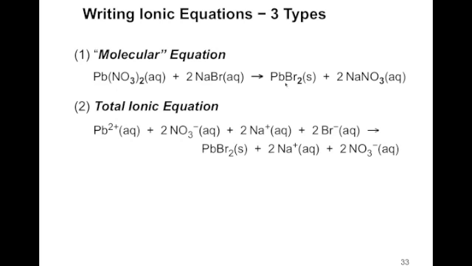So if you write the molecular equation first, the total ionic equation represents the actual species present in solution and their numbers. So for example, for the formula lead 2 nitrate, there are three fragments, three pieces. One is a lead 2+ ion, and we have two nitrate molecular ions, right?